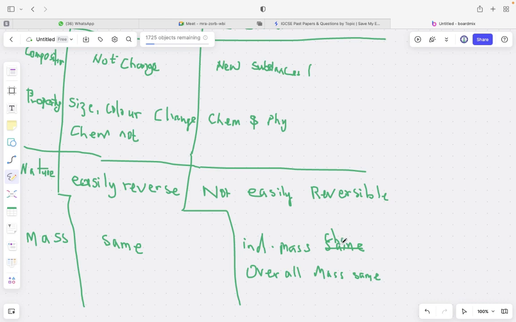The individual mass of the substance may change, but the overall mass in chemical change will be the same.